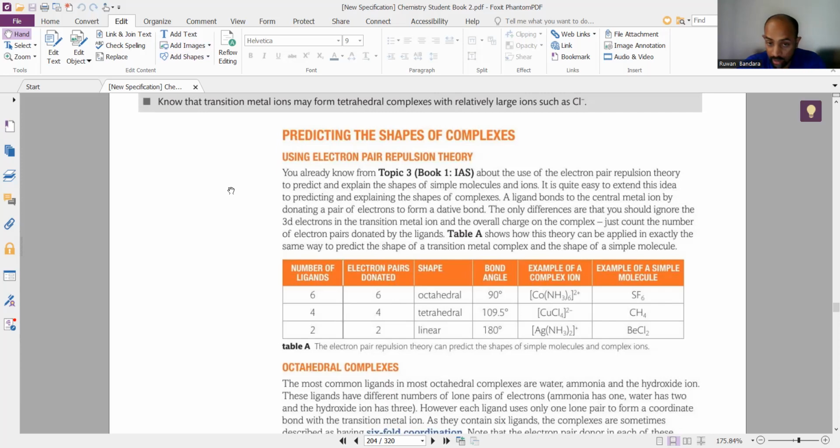Octahedral means 6 ligands, similarly we can call it 6 bonds. When there are 6 bonds, the shape is octahedral, bond angle is 90. Then 4 bonds, tetrahedral, bond angle is 109.5. 2 bonds, it's linear, bond angle is 180. That's how it goes.